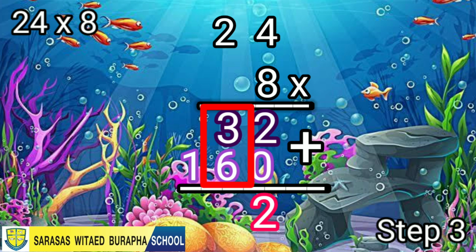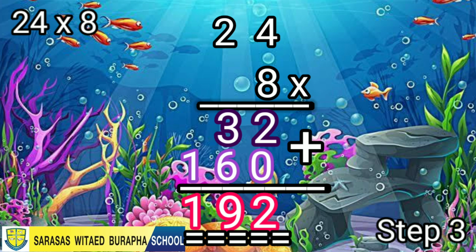That's 3 plus 6 equals 9. Next is the hundred. Bring down 1. So the answer is 192.